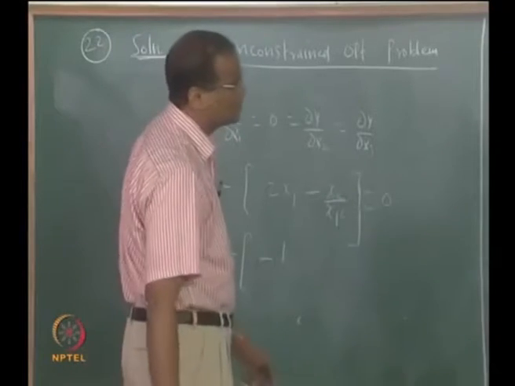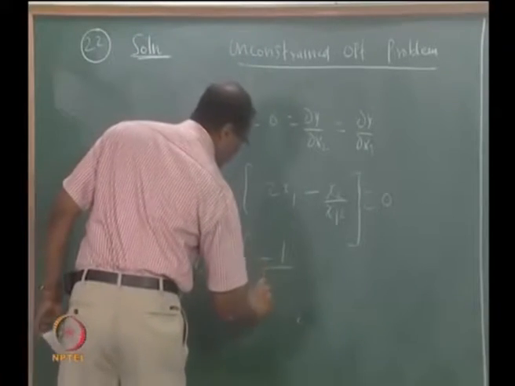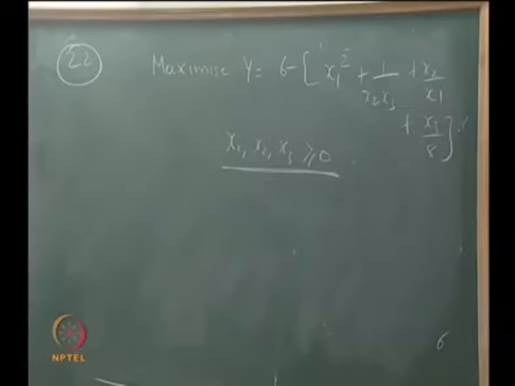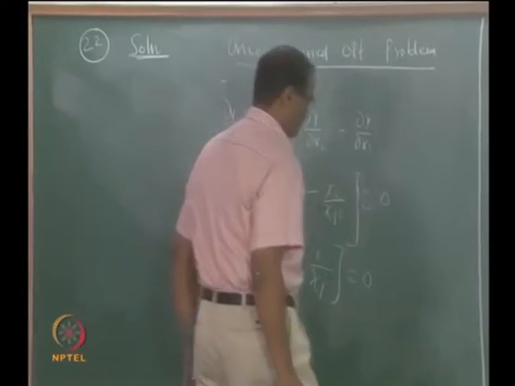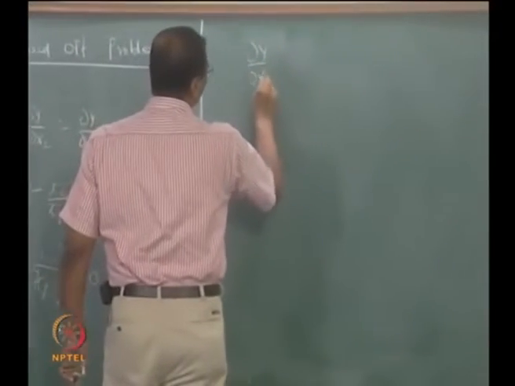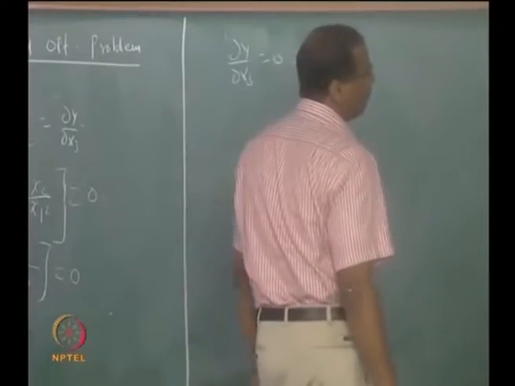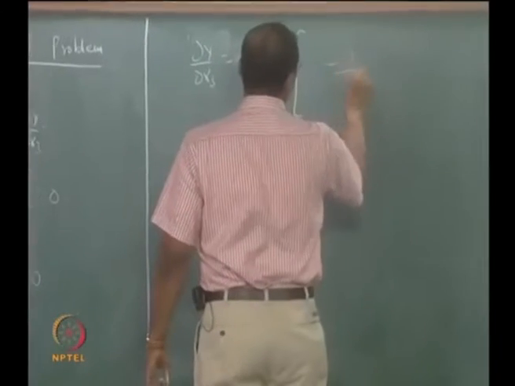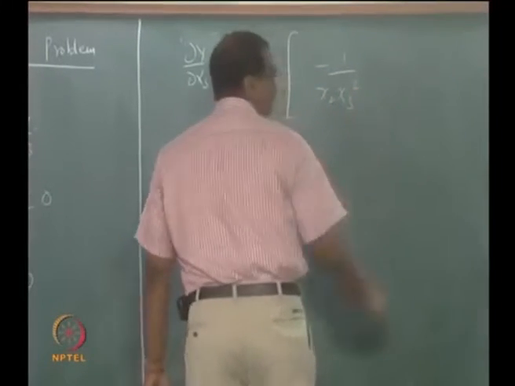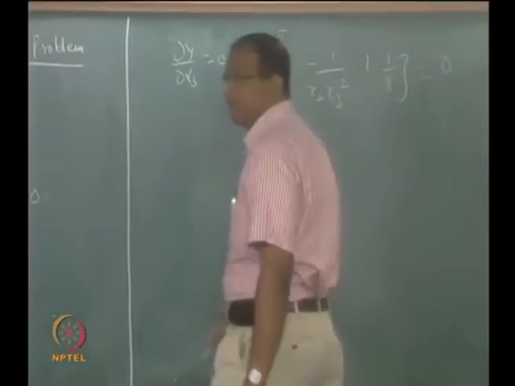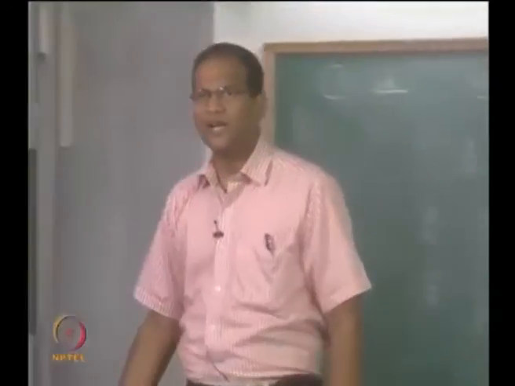Yeah, so this is minus plus 1 by x2 x1. Fine. So these are Lagrange multiplier equations.